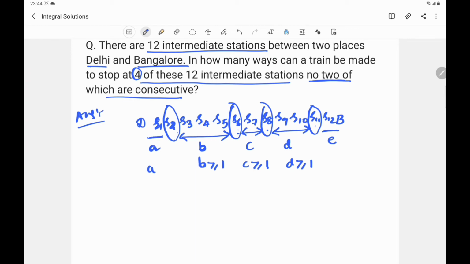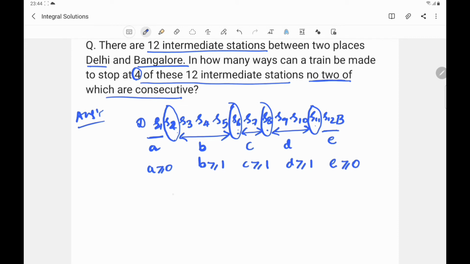Because we have selected S2, in this case A is 1. If we select S1, A is 0. So it should be greater than or equal to 0. Similarly, E should be greater than or equal to 0. If E is 0, that means we have selected S12. If A is 0, that means we have selected S1.